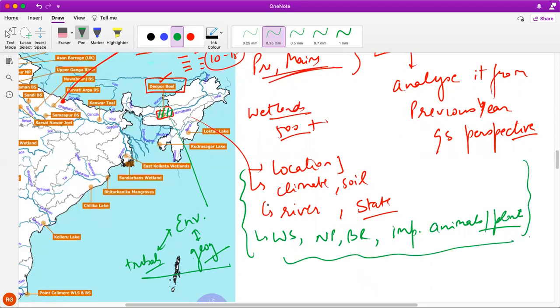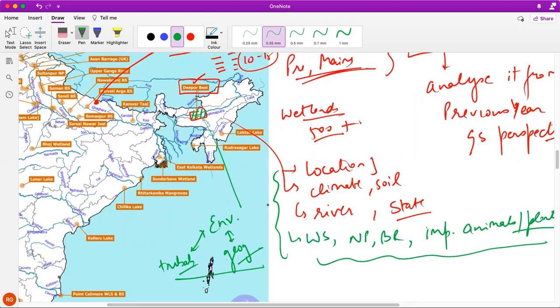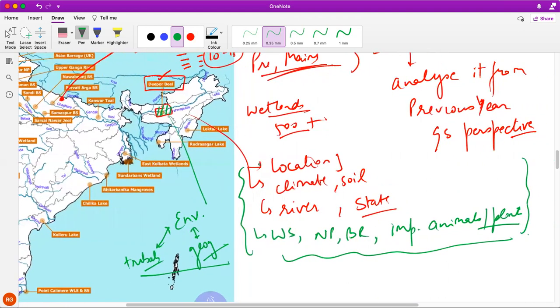Moreover, if you have the basic ideas of all wetlands, this will help you in attempting prelims also. Even if UPSC asks some new feature of a wetland, you would still be able to attempt it through the elimination technique, and have a better chance.